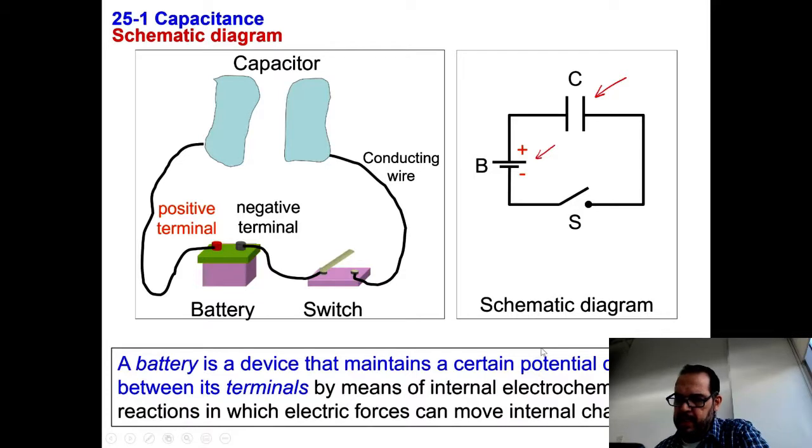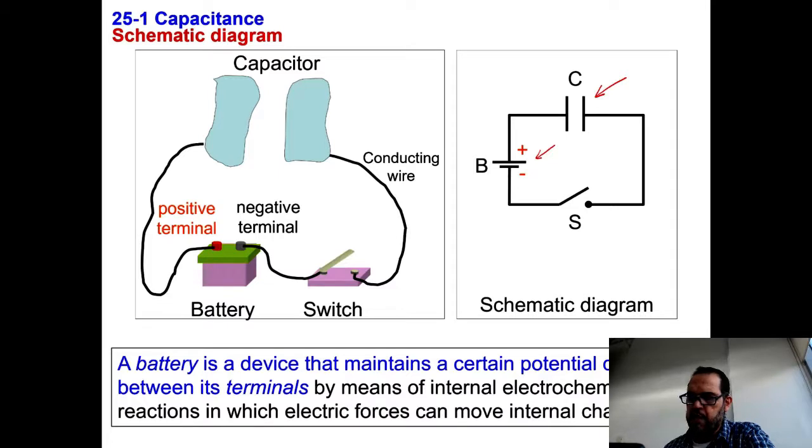Okay, so a battery is a device that maintains a certain potential difference between its terminals by means of internal electrochemical reaction in which the electrostatic forces can move internal charges. So some batteries are based on electrochemical reactions. Some batteries are based on other principles, but most of the batteries that we're using are electrochemical batteries.